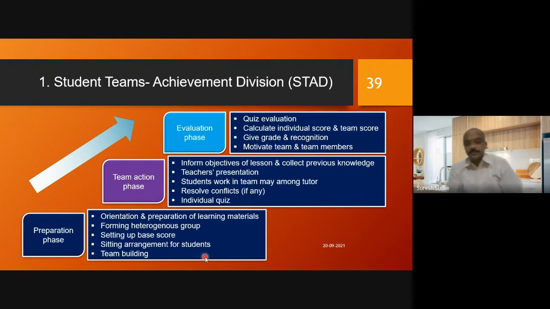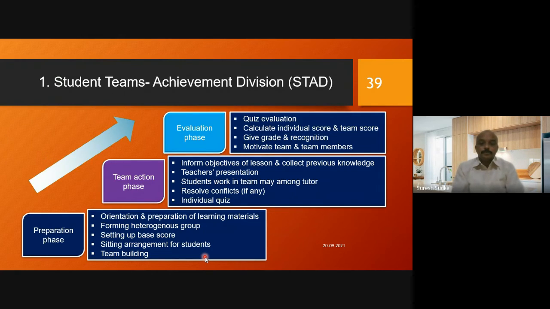Then the team action phase. In the second phase of STAD, initially the teacher describes the objective of the lesson and finds out what previous knowledge the students have. The teacher gives a presentation on that particular topic, and now the students start working among themselves as tutors.